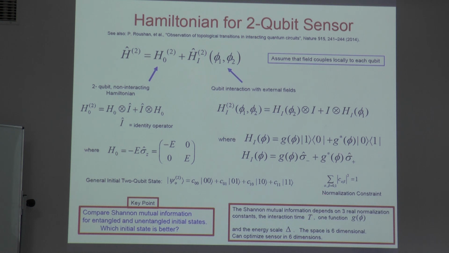And now that you have two qubits, you can ask the question, what if you start out with two qubits in an entangled state, or what if you start out with two qubits in a product state? Which is going to be better? In fact, this question was asked by management at the Army Research Laboratory, because when I started this work with that Mach-Zehnder quantum sensor, around 2002, nobody was interested in quantum sensors, not even the management there.